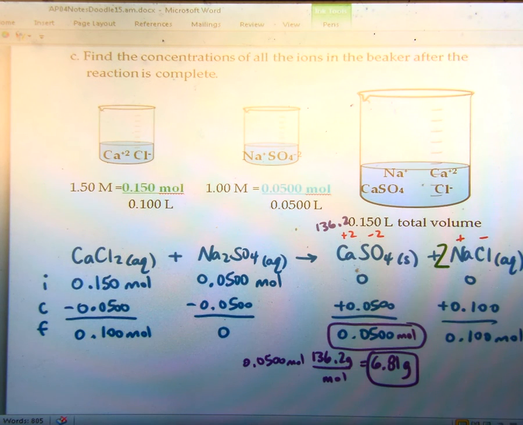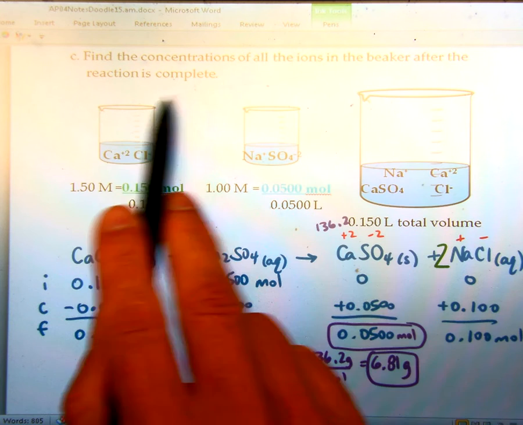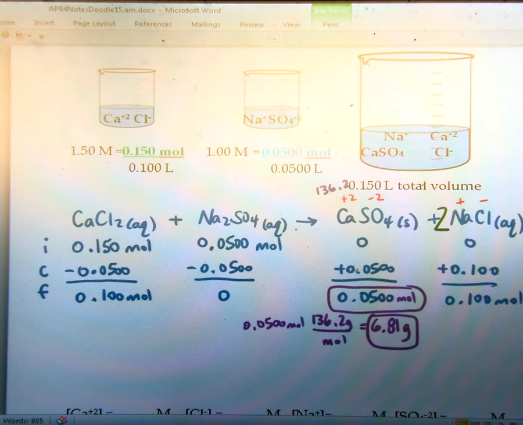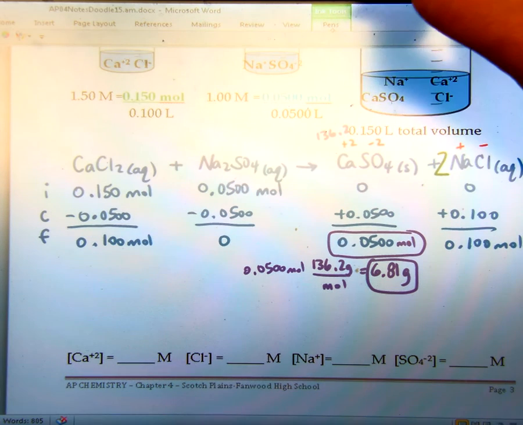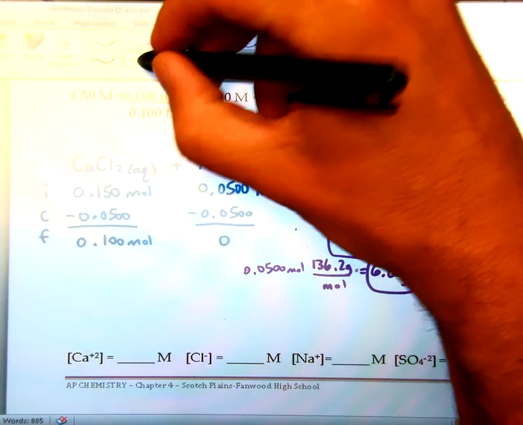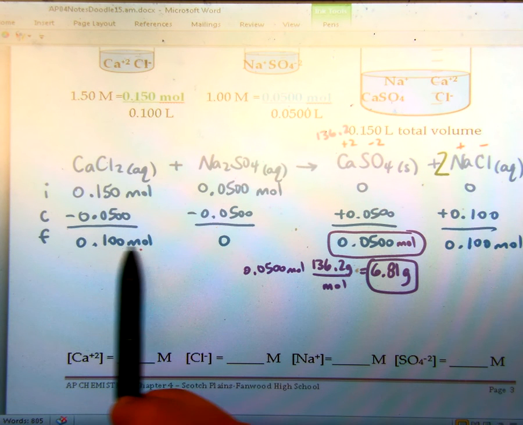Okay, the last thing in part C is find the concentrations of all of the ions in the beaker after the reaction is complete. So we need to look for all the leftover ions. Molarity is equal to moles over liters. So what we're going to do is find all the leftover moles of each of the ions. So let's start off with the calcium. 0.100 moles of calcium chloride is left over.